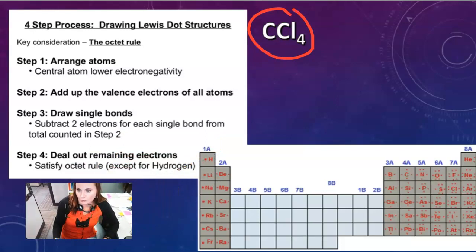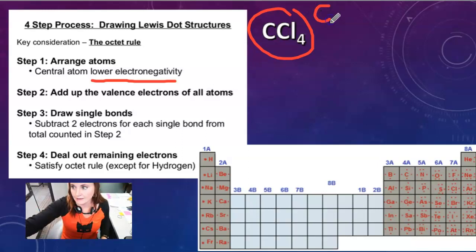So the first rule, step 1, arrange the atoms. The central atom has the lowest electronegativity. I say, for me, a good rule of thumb here is that the central atom is the furthest away from fluorine.